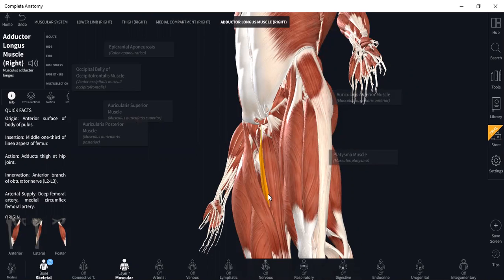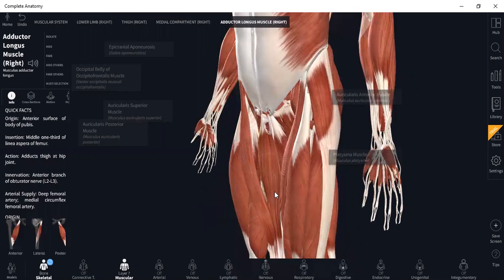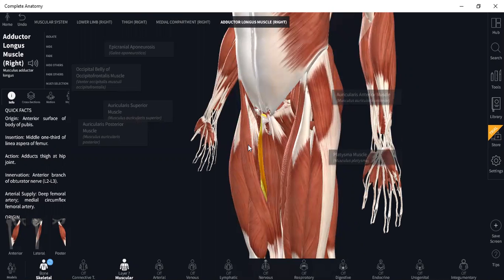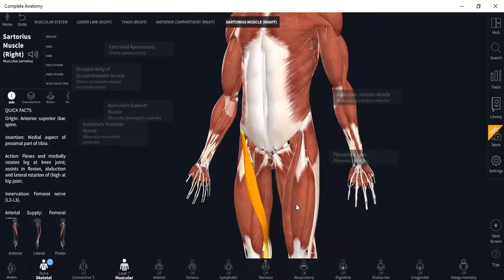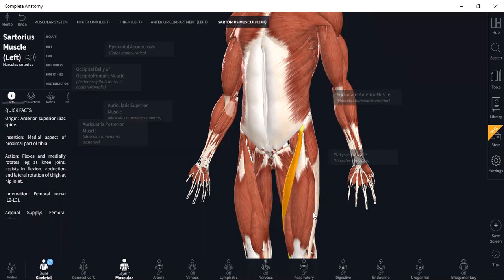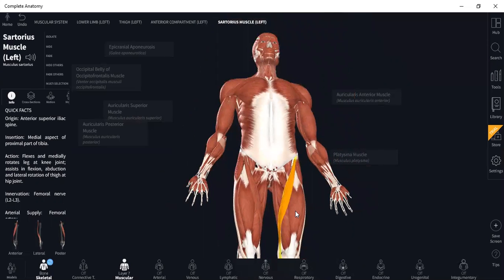I'll go over them again on the torso model. There's also sartorius, and sartorius can flex and medially rotate the leg at the knee. So sartorius is the longest muscle in the body.